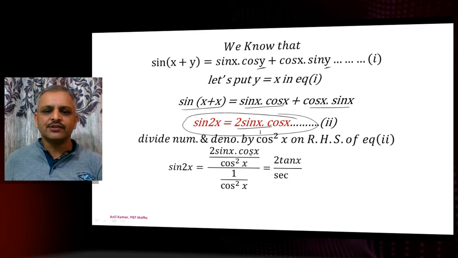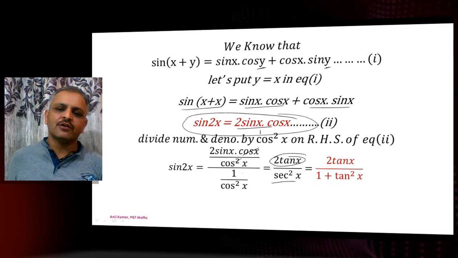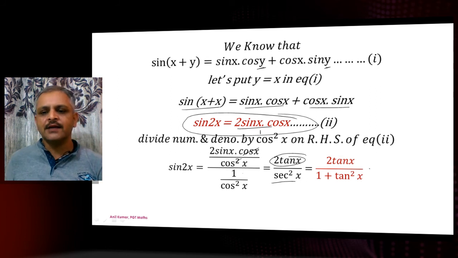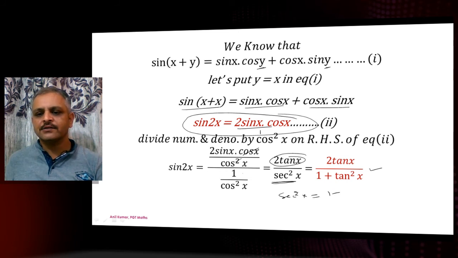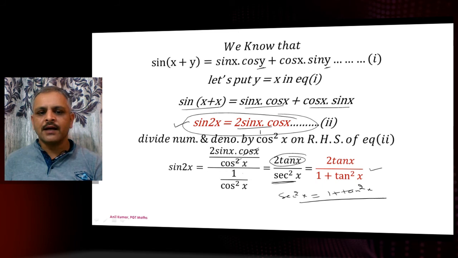The cos and cos will cancel, so 2 sin x by cos x becomes 2 tan x, and 1 by cos square x becomes sec square x, which is equal to 1 plus tan square x. So the two important identities are that sin 2x is 2 sin x cos x, and second, 2 tan x by 1 plus tan square x.